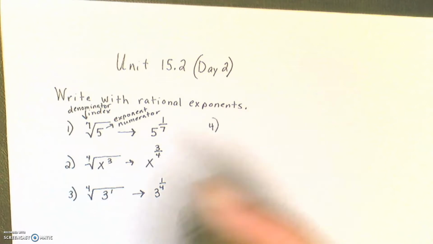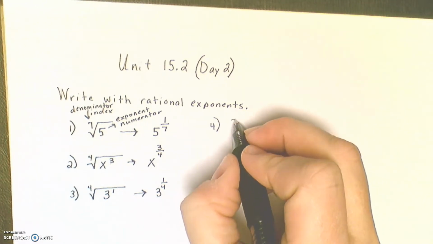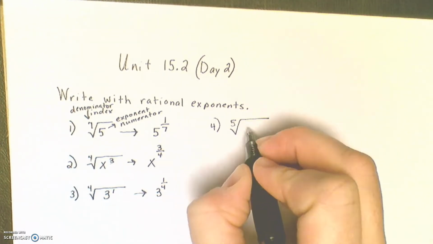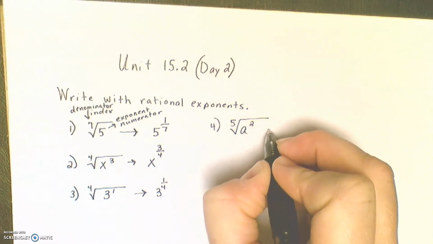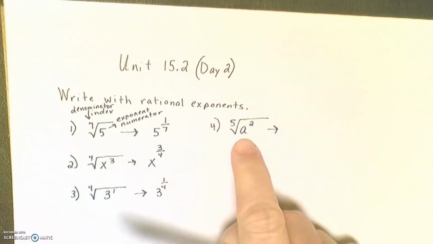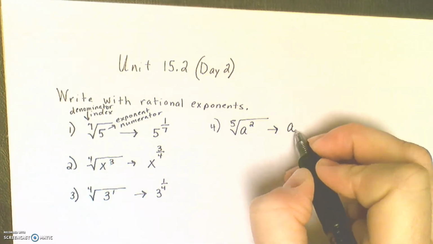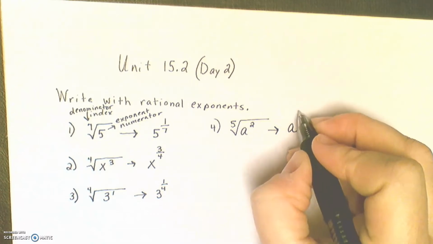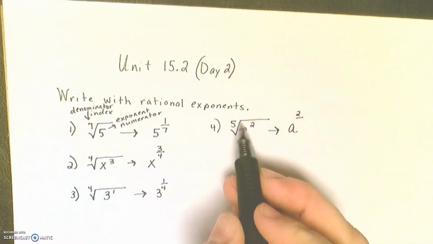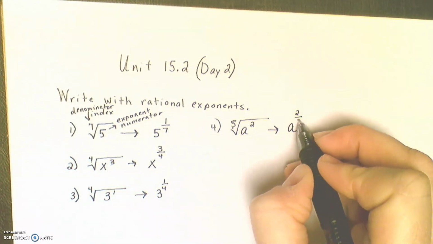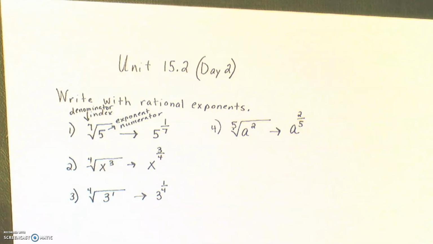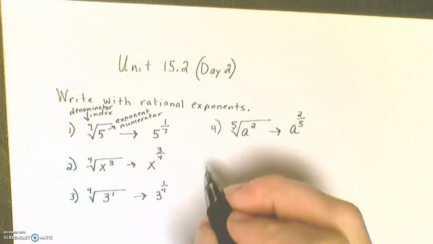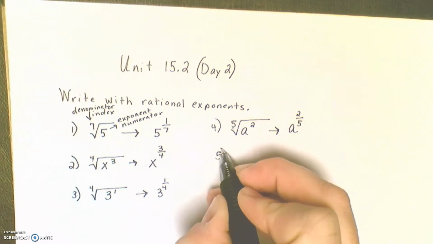Number 4. 5th root of a squared. A, exponent 2 is the numerator, index 5 is the denominator. Number 5.